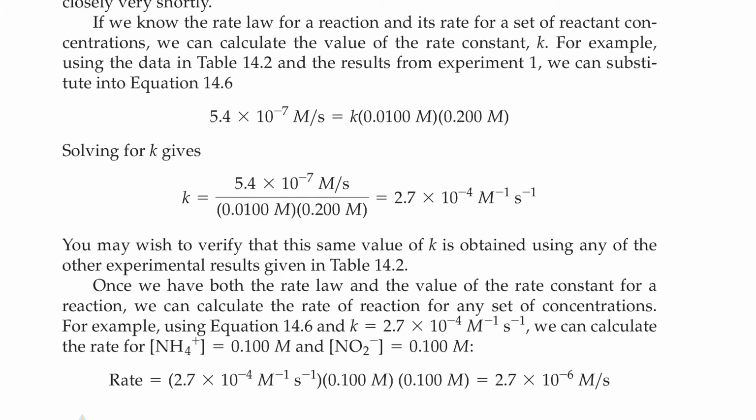If we know the rate law for a reaction and its rate for a set of reactant concentrations, we can calculate the value of the rate constant k. For example, using the data in table 14.2 and the results from experiment 1, we can substitute into equation 14.6. 5.4 times 10 to the negative 7 molar per second equals the rate constant k times 0.01 molar times 0.2 molar.